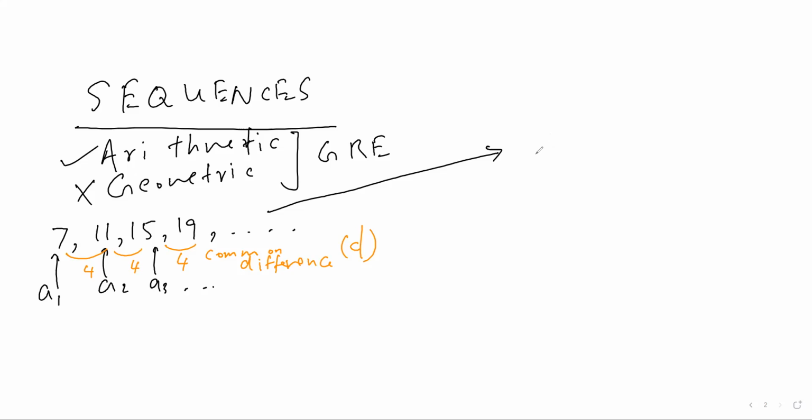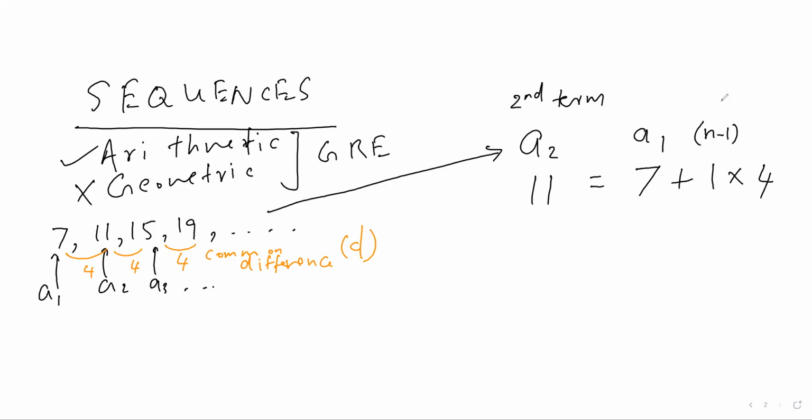Now here, let's say A2, the second term, which is 11. How do you obtain 11? That's 7 plus 1 times 4. 7 is A1. 1 is n minus 1, because here n is 2, since this is the second term. And 4 is that common difference or the spacing.